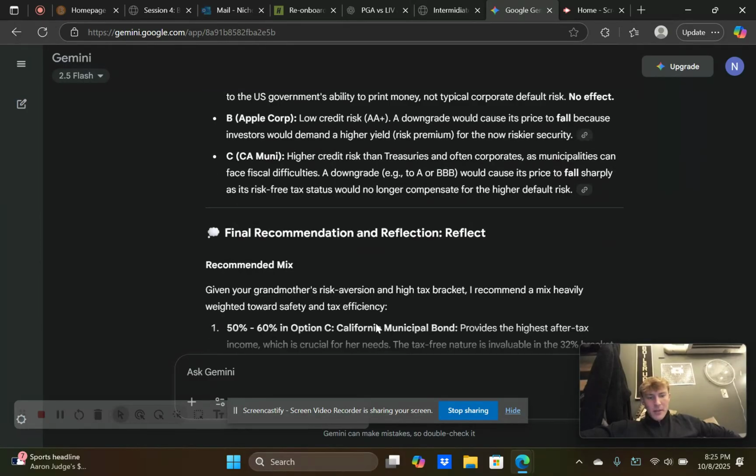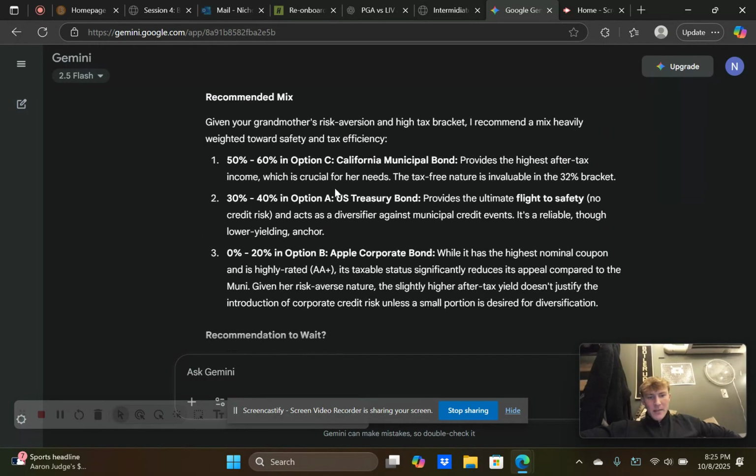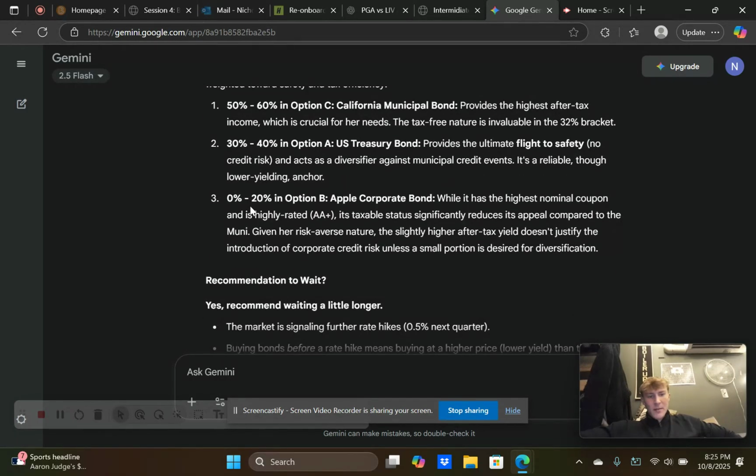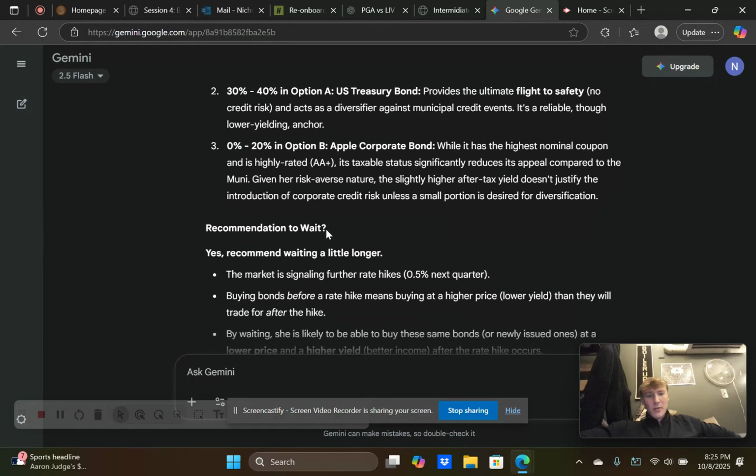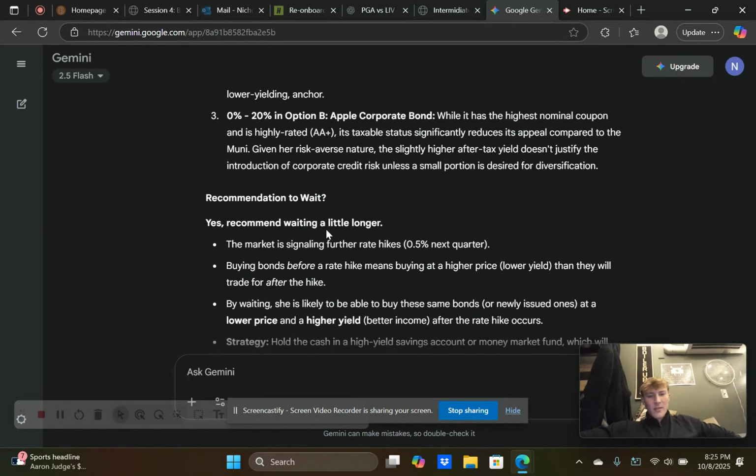However, it's clearly the safest, so it's good to have some of the safest diversified into your portfolio. So about 50% with the riskier, most high upside, 30% the safe bond, and then maybe about 20% with option B, which is kind of just middle of the road on both fronts, with riskiness and return.